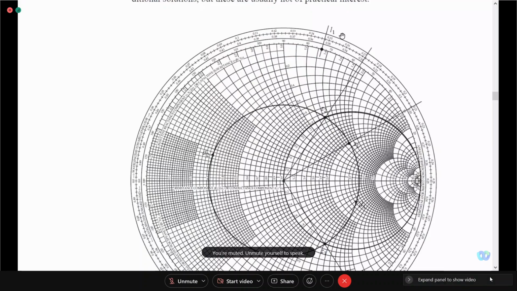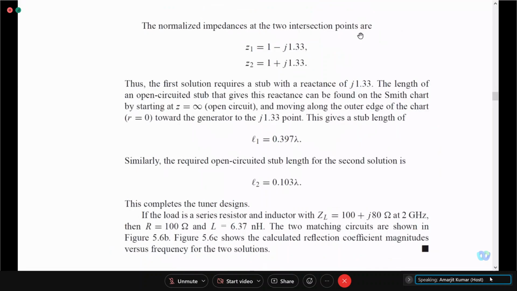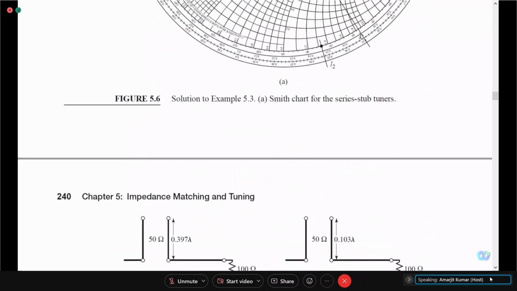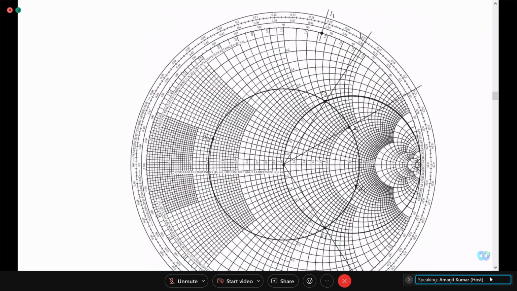So what is the value? 0.25 minus 0.148. If we take 0.15, then 0.5 minus 0.1 is 0.4. What is the value here? 0.397. Okay, because it is not 0.15, you know that. It is 0.147.